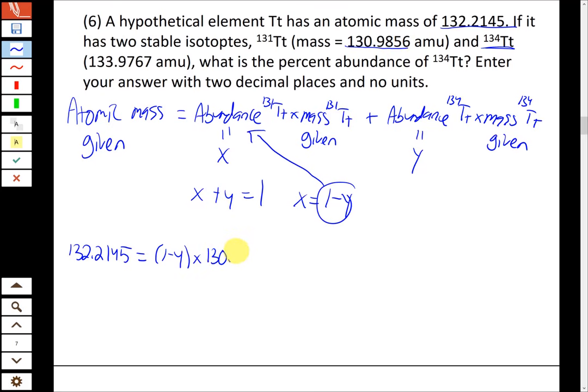And if you'll forgive me, I'll leave units out of this equation just so we can solve for it numerically first. And then we're going to add to that the abundance of the second isotope, which is y, multiplied by, let me use a dot instead of a times sign, its mass, which is given as 133.9767. So those are the numbers from the problem.